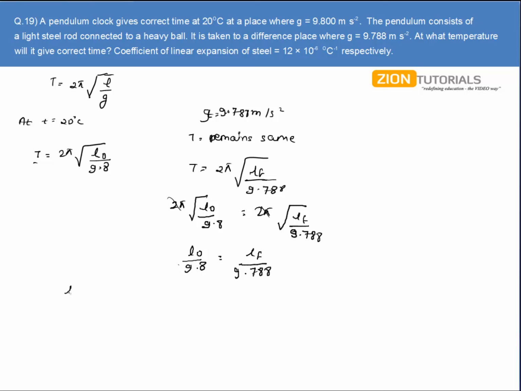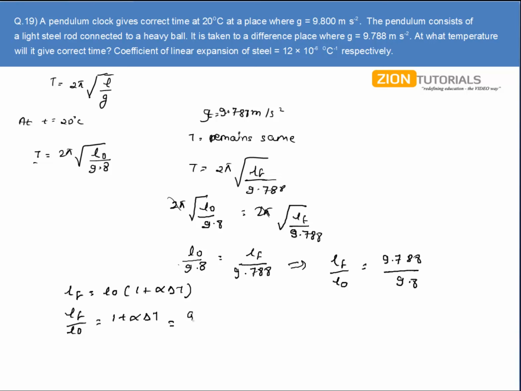Now we know that L final is given by L naught times (1 plus alpha delta T). So L final by L naught is equal to 1 plus alpha delta T. From here I can calculate the ratio of final length to that of initial length, that is 9.788 divided by 9.8.